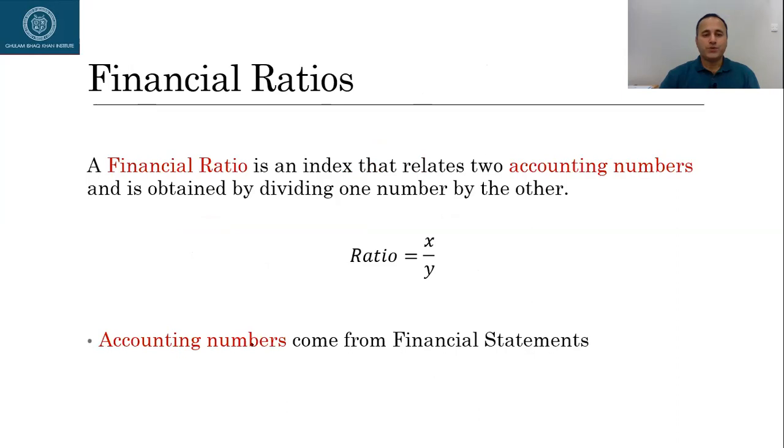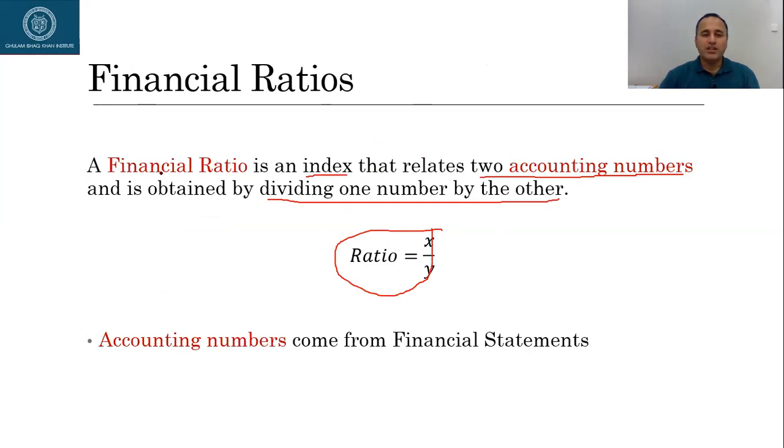So financial ratio, as the name suggests, is just like any other ratio. It's an index. And how do we get this index? By taking two accounting numbers, by dividing one number by another, just like this one. So it has a numerator and it has a denominator.